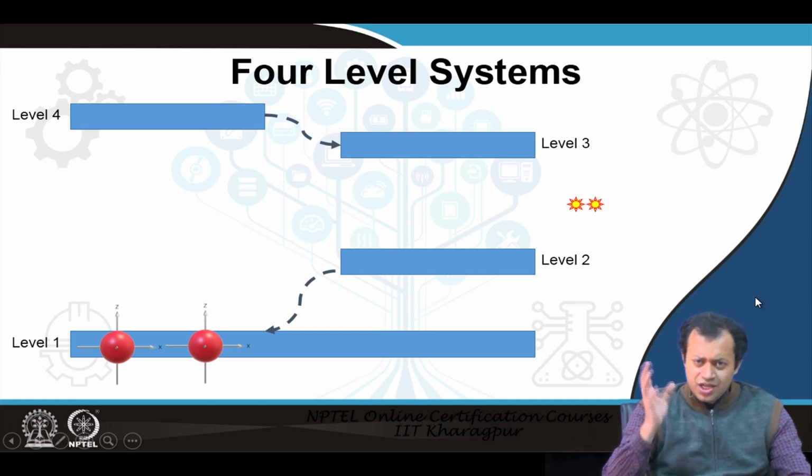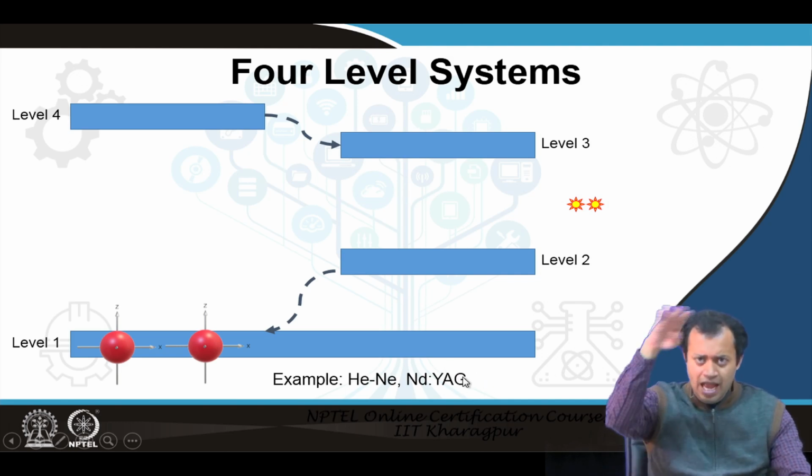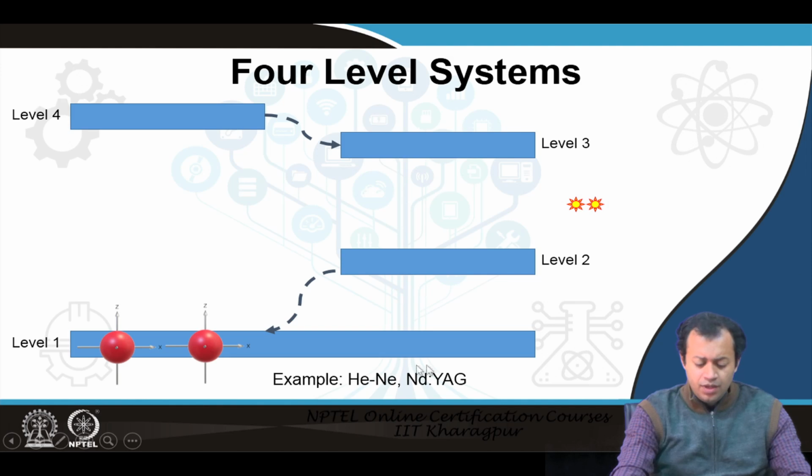From level 2, again as vibration or as heat, it returns back to level 1. Most lasers these days are like helium neon or neodymium YAG. YAG stands for yttrium aluminum garnet. So you have a greater number of all those defect levels, all those additional levels, metastable levels. This usually allows helium and neon. Remember, these two are almost noble gases.